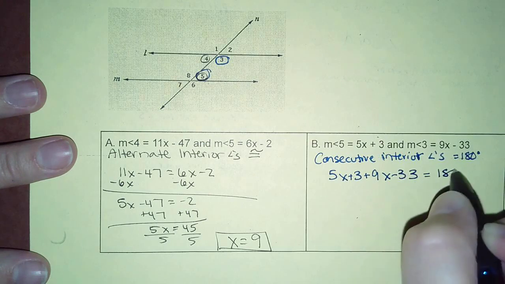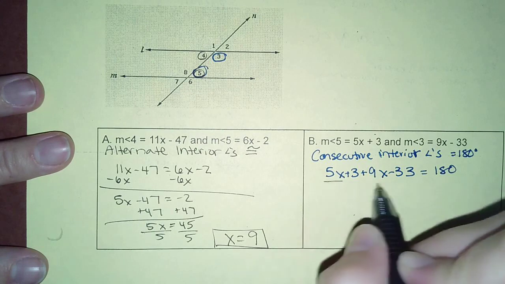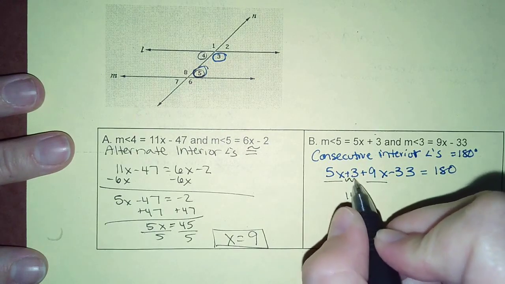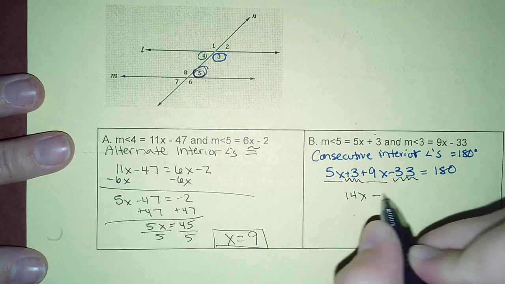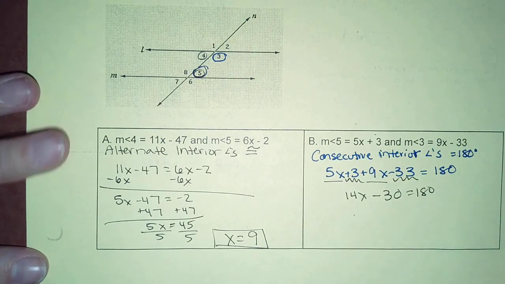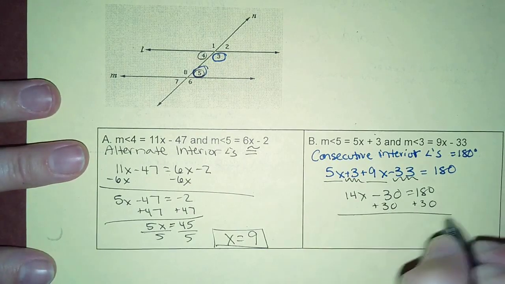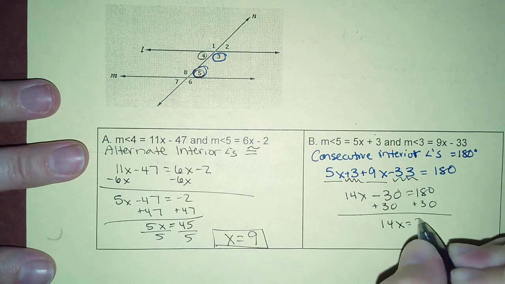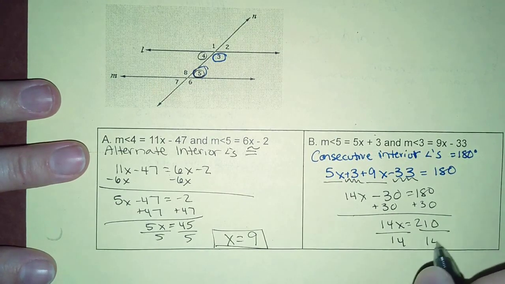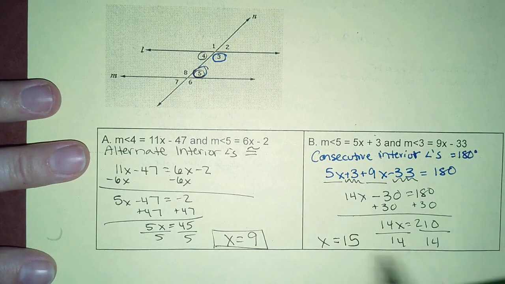Combine like terms. 5x plus 9x is 14x. Positive 3 minus 33 is negative 30, equals 180. Add 30 to both sides. 14x equals 210. Divide both sides by 14. x equals 210 divided by 14, which is 15. Final answer.